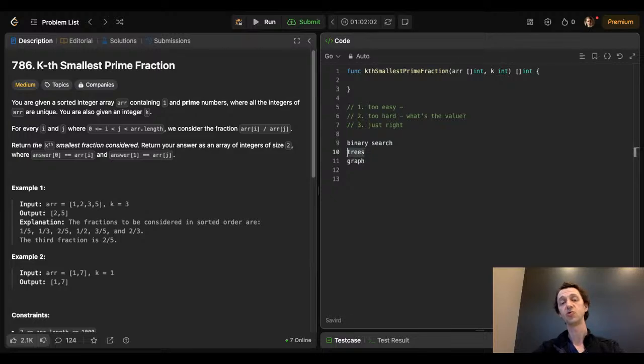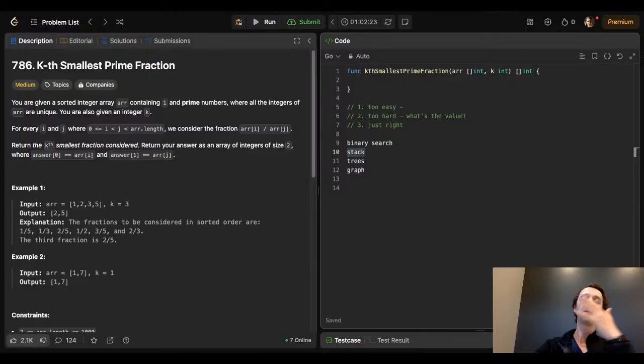Binary search, trees and graphs, maybe some stacks, to do before doing hard level starts making sense.